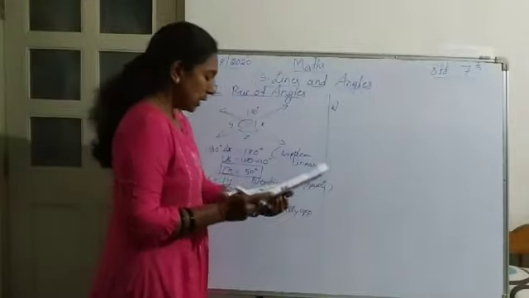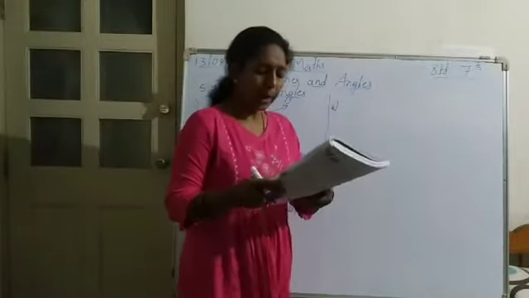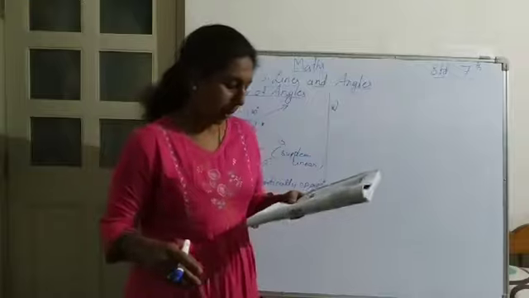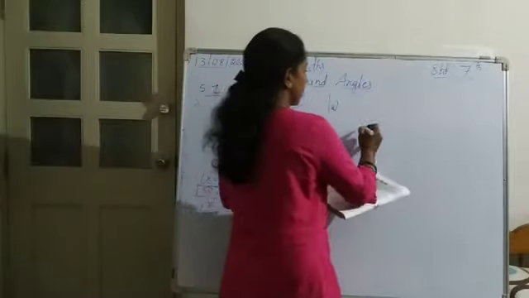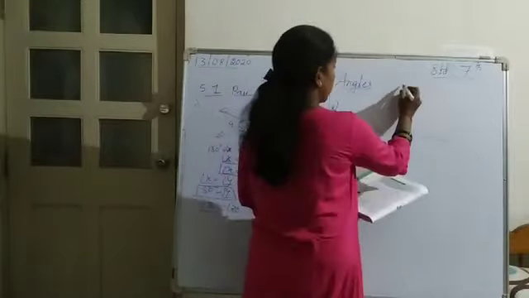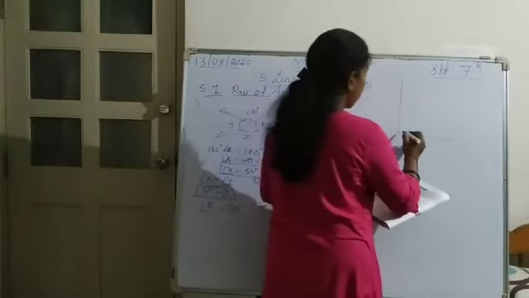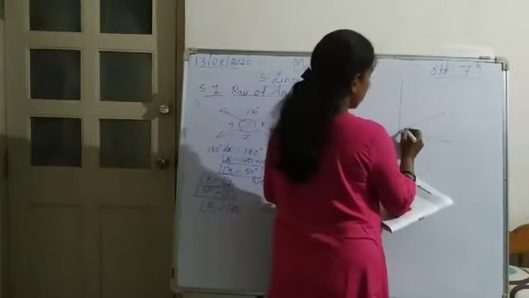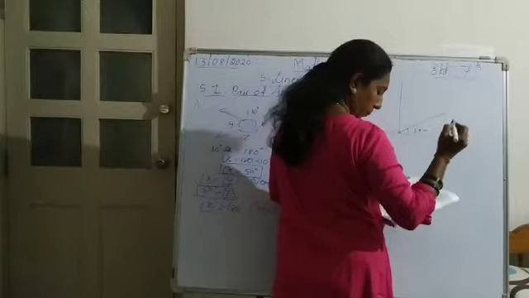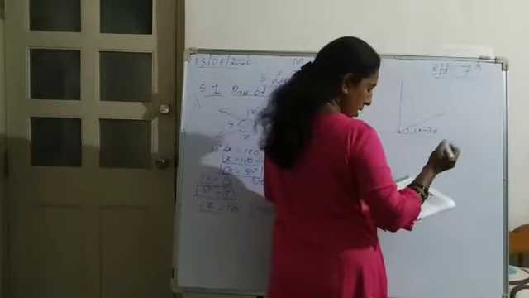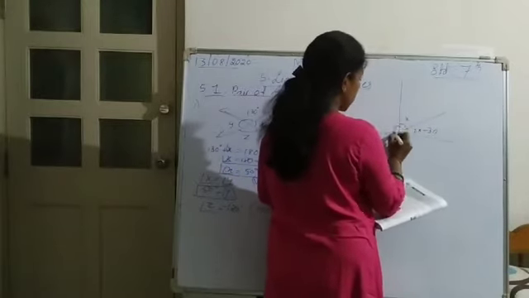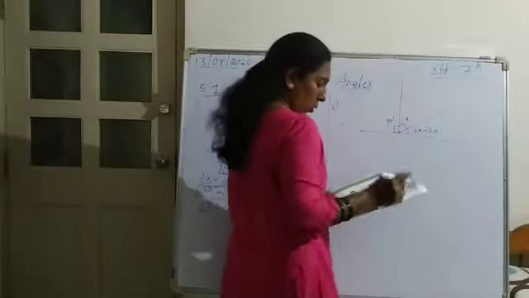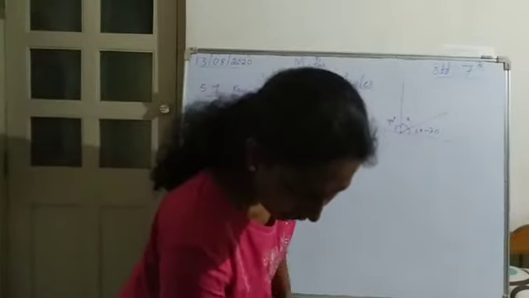The second one is, find the unknown angles in the given figure. Here there is a diagram. There is a vertical line, and one more line that is 2x minus 30 degrees, and this is x, and this is 90 degrees.